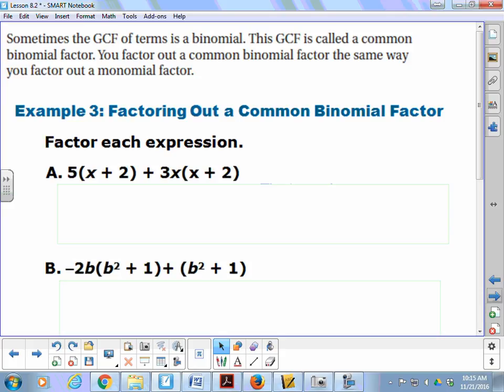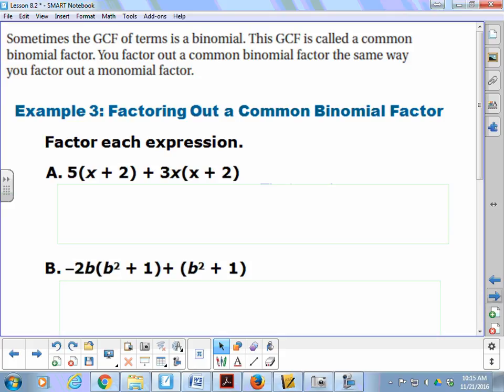Sometimes the greatest common factor of terms is a binomial. This greatest common factor is called a common binomial factor. You factor out a common binomial the same way you factor out a monomial factor. So, in this situation, our first term is 5 times x plus 2.